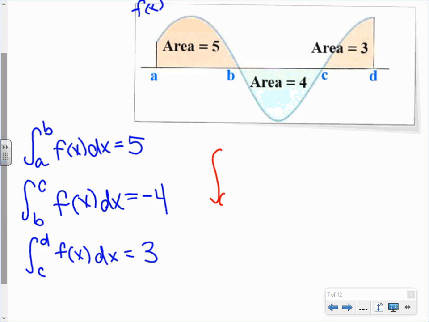The integral from a to d of f of x dx. What would we have to do? We would have to add them together. So we take the area from a to b, add it to the area from b to c, add it to the area from c to d. So the total area underneath this f of x curve from a to d would be 4.